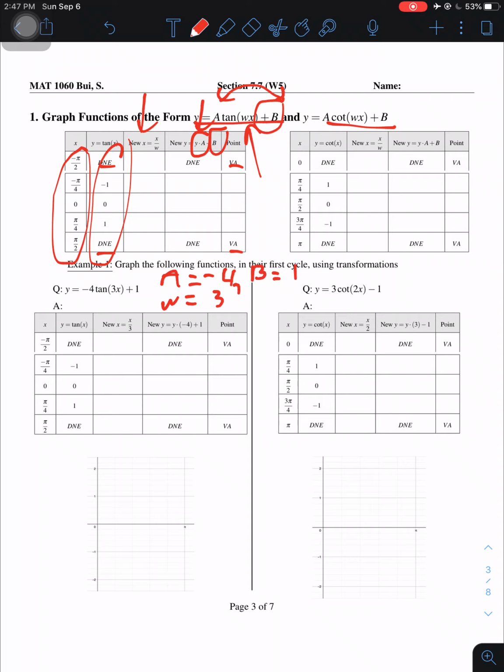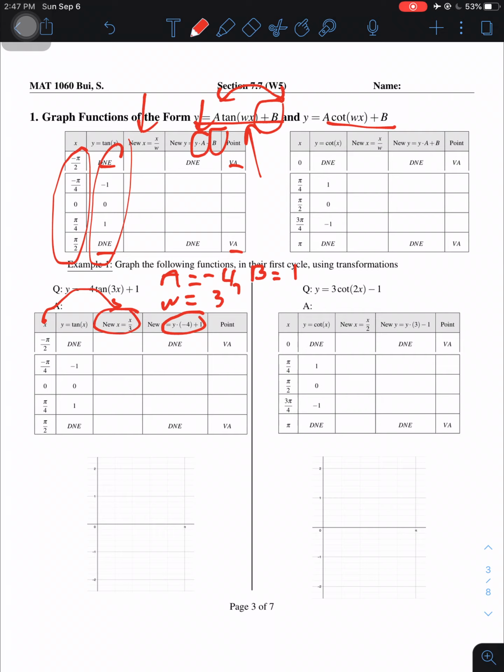So then I'm going to use the set of rules that I had before. For the X's, I'm going to take it and divide it by 3 because my omega is 3. For the Y's, I'm going to multiply it by A, which is -4, and then after that, I add 1, okay? So this is the new rule to get the new Y's, okay? So now, let's do it really quick. Let's get the X's. Each of them, I'm going to divide by 3.